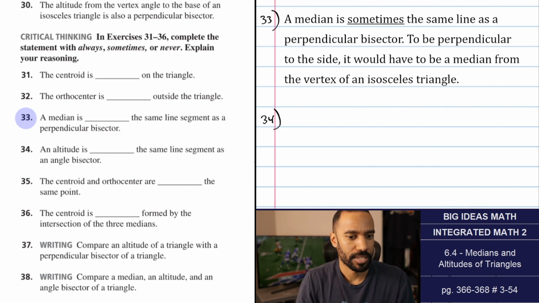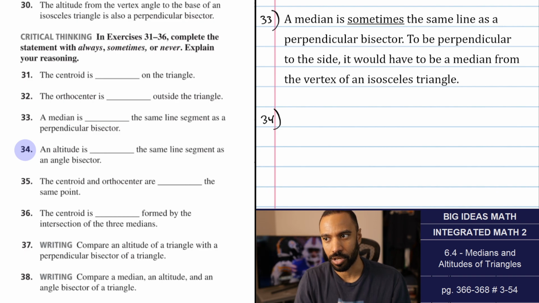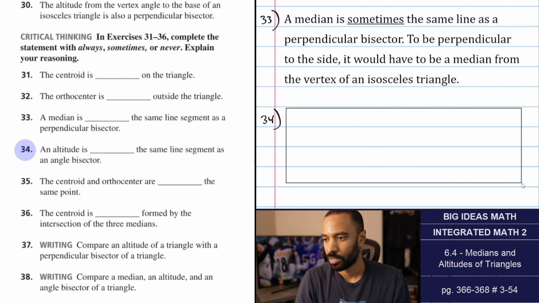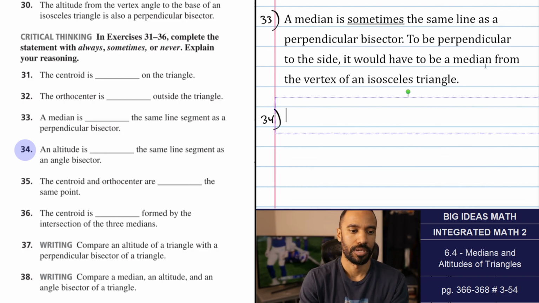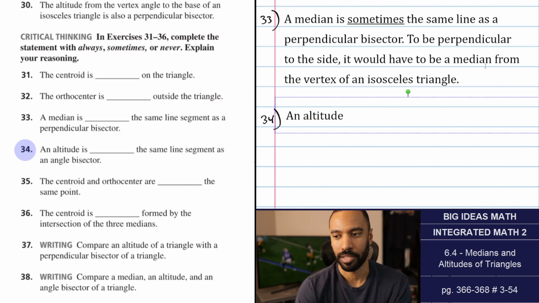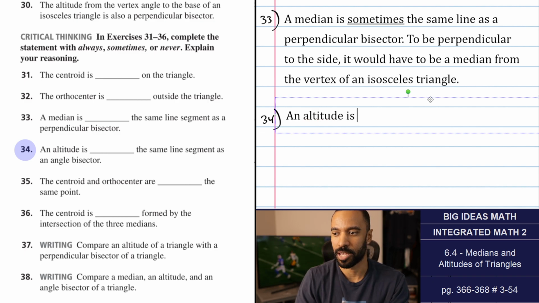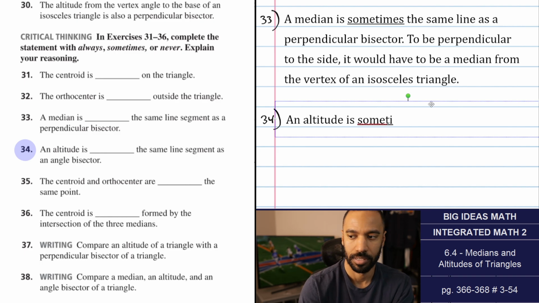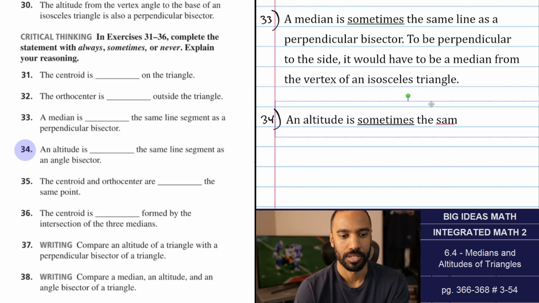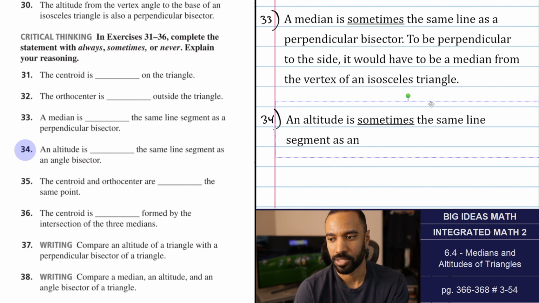An altitude is blank the same line segment as an angle bisector. I believe this is also for isosceles triangles. I think a lot of these will be sometimes. An altitude is sometimes the same line segment as an angle bisector.